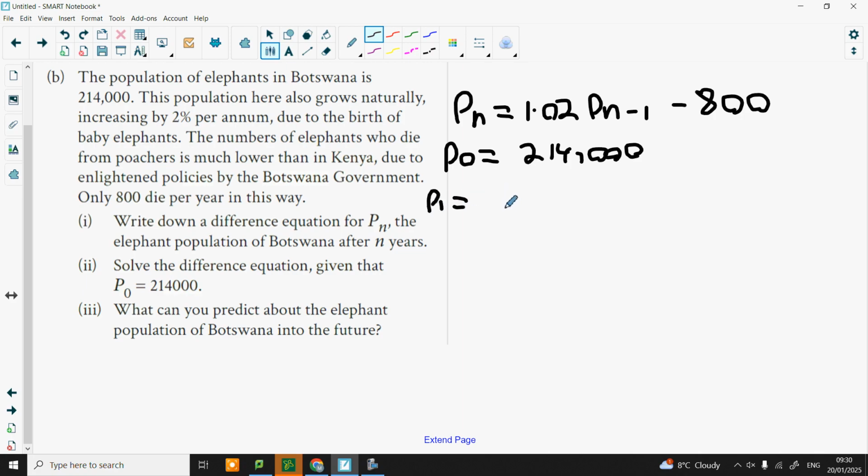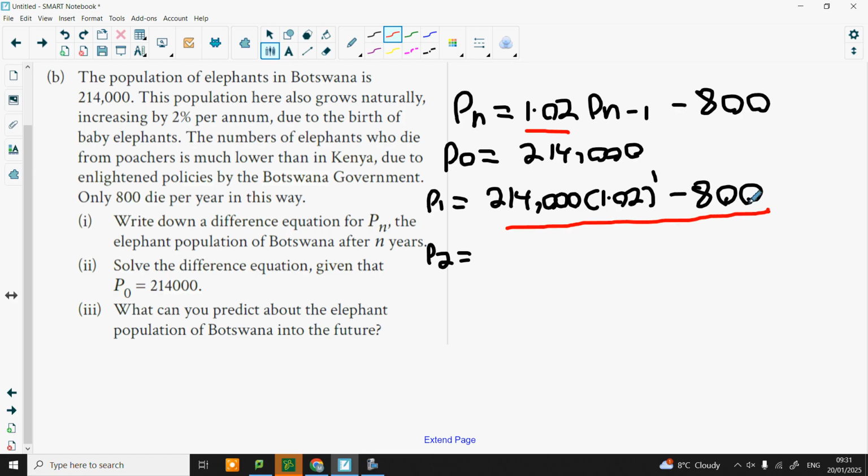P1 is 214,000 multiplied by 1.02, technically to the power of 1, take away 800. P2 is going to be 1.02 times this population here.